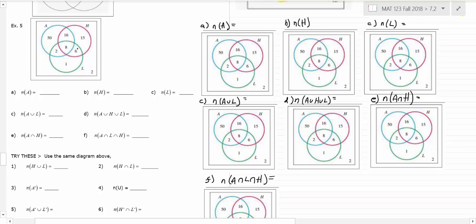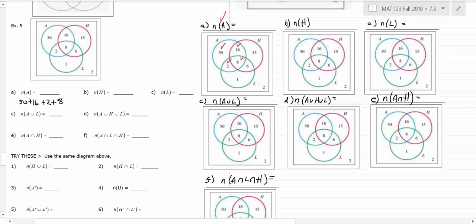So I've given you this Venn diagram right here, and I'm just going to use check marks. If I'm finding the number of elements in A, it's the 50, the 16, the 8, and the 2. Because when you have 3 circles or 3 sets, A is the sum of those 4 right there. So you would do 50 plus 16 plus 2 plus 8.